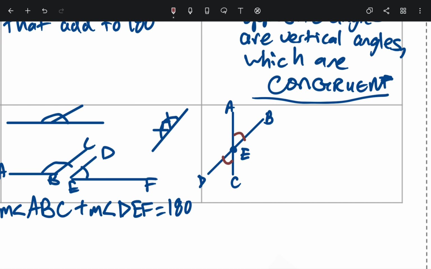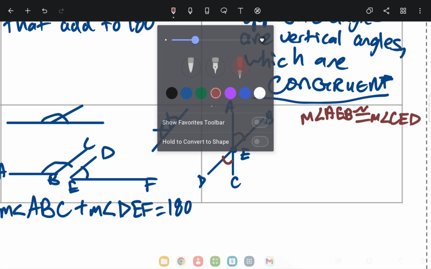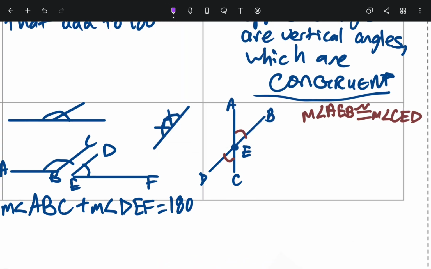These two angles, AEB and DEC, those are going to be congruent. And then these two angles are congruent as well. So measure of angle AED is congruent with the measure of angle BEC.